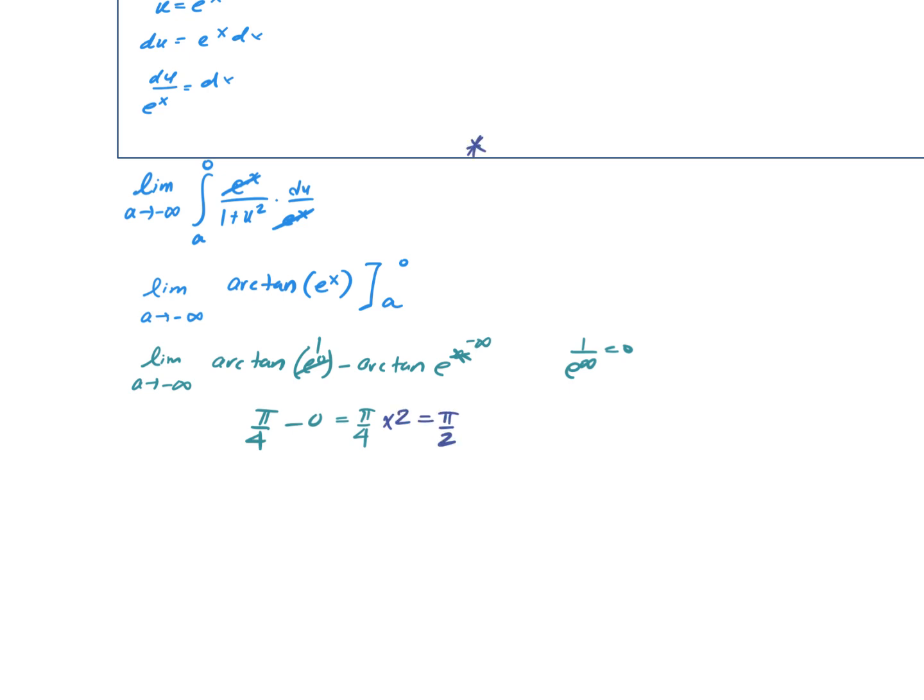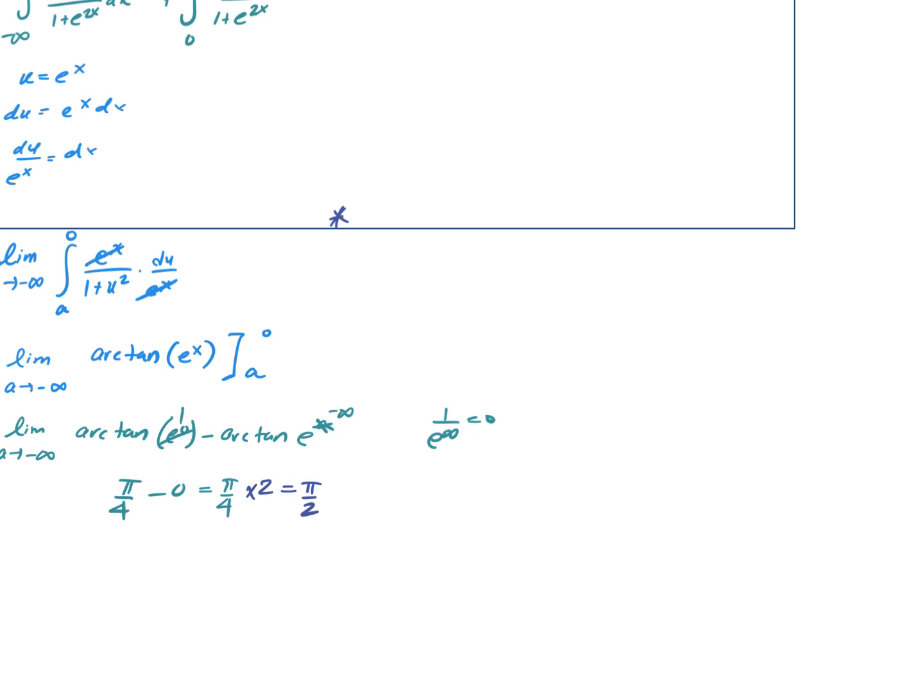But I want to make a note here. Let's say you pick the other side. I'm not going to redo the whole thing, but if you pick the other side, you end up with this. Limit as b goes to infinity, and it becomes arctan of e to the x, and now we're going from 0 to b.